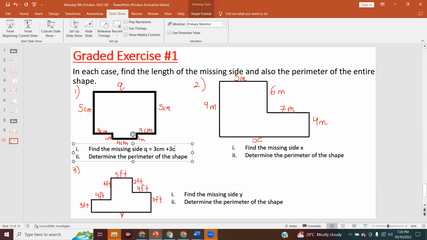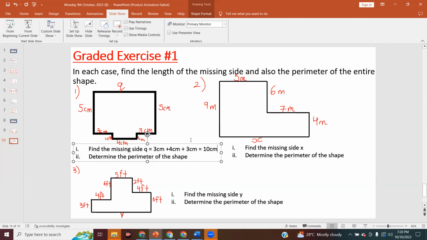Let's do 3, 4, plus 3, which your answer is when you add them all together. 3 plus 4 plus 3 is what? Come on, say it again. 10. It's 10, very good, 10 centimeters.